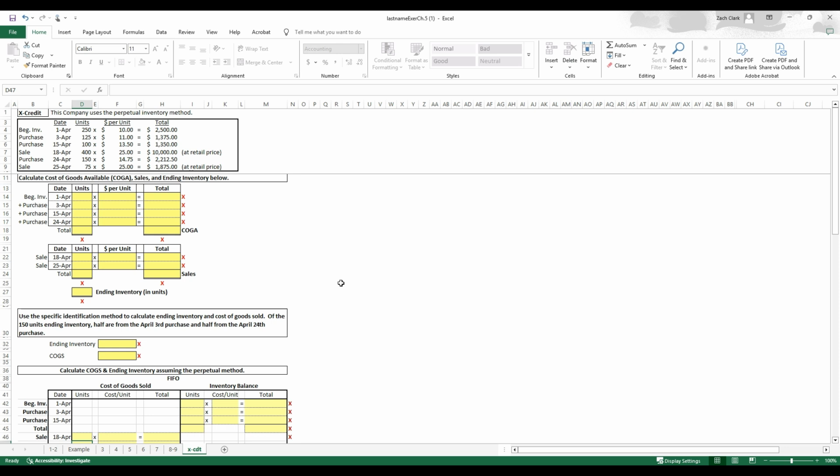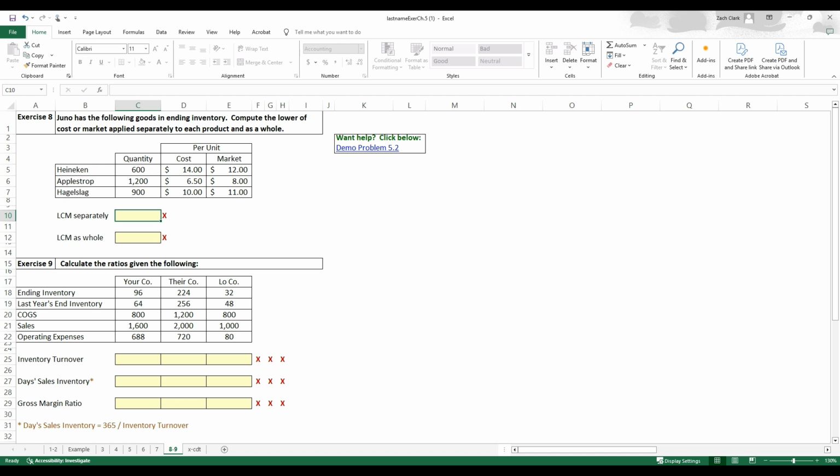It's very much the same as our earlier calculations. So let's do our tab here with the lower of cost or market, applying that separately and as a whole. So the way that we're going to want to do this as a whole, we can just take the totals. So here's cost, here's market, right?